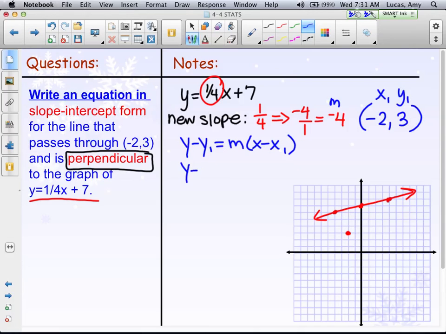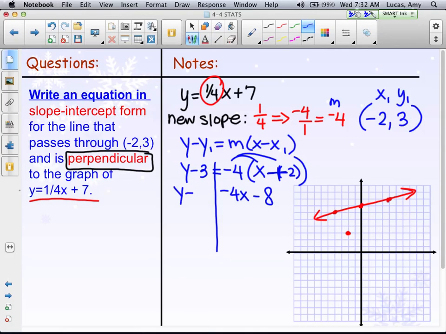So y minus 3 equals my new slope, and then x minus negative 2, which turns into a chunky plus. Distribute the negative 4: negative 4x minus 8 equals y minus 3. Add the 3 to get slope-intercept form, and you'll get negative 4x minus 5.